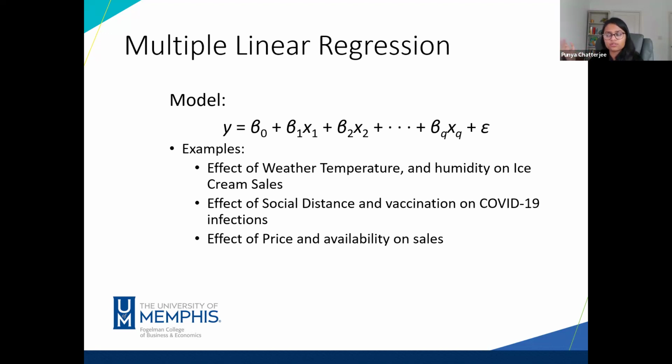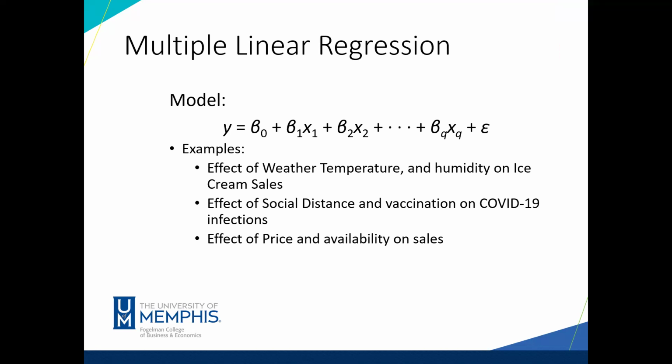Just to recap, your dependent variable is the variable that you are trying to predict or estimate, the variable that depends on other things. And your independent variables are the variables that help you predict your dependent variable. It doesn't depend, but the dependent variable is dependent on the independent variables. So what's going to be the dependent variable and what's going to be the independent variables in this example?